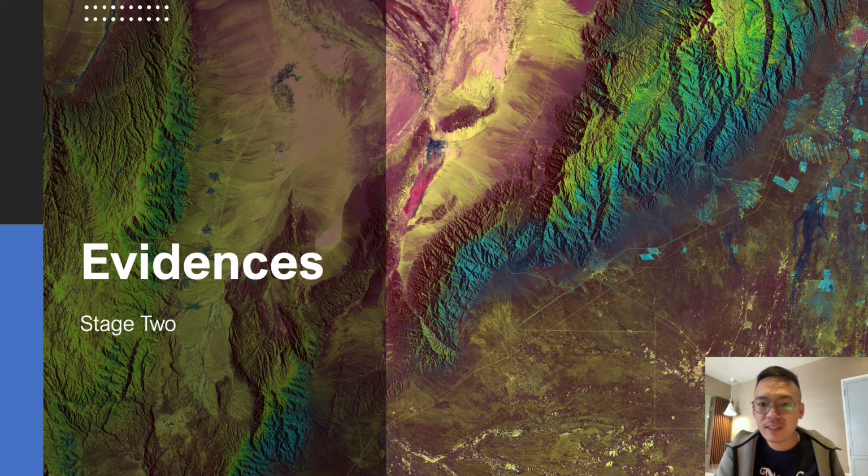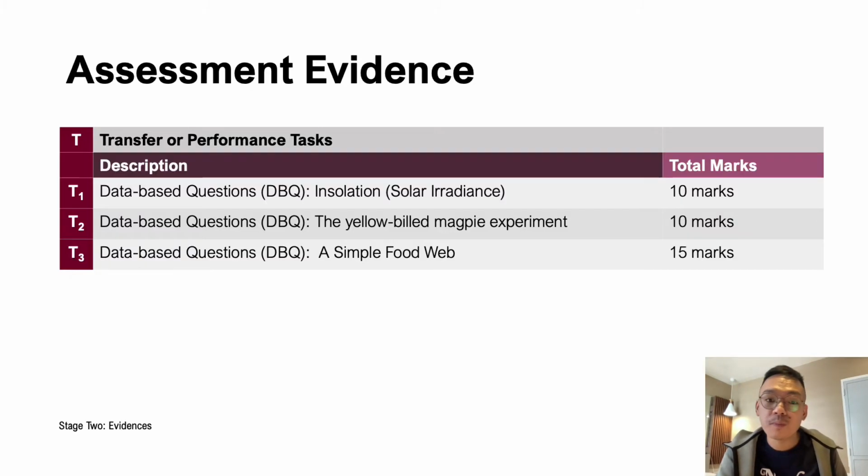Okay. For the evidences, stage 2, what are the assessment evidences? In this module for energy flow, I've used 3 DBQs or performance tasks. First will be the insolation, for 10 marks, then the yellow-billed magpie experiment, and a simple food web.